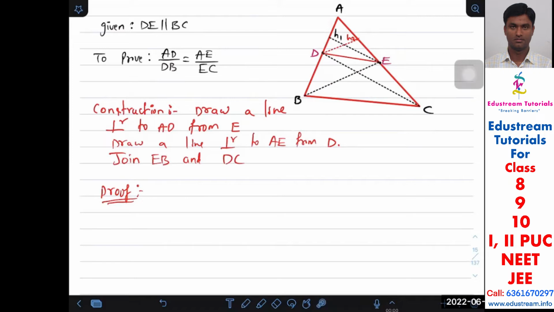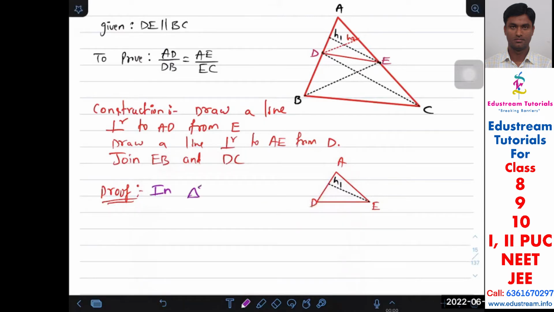Let's take this triangle ADE. Since we have AD here, let's find this side AD from this triangle. So we're going to use area of triangle formulas. How do we start?